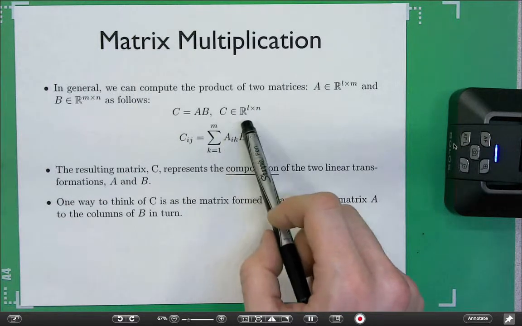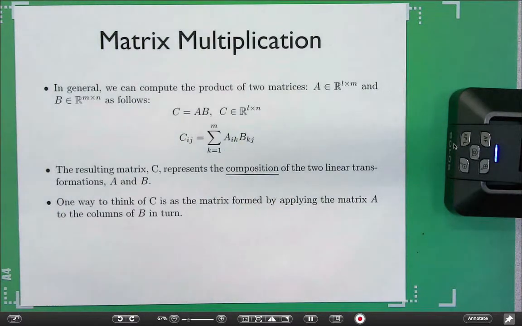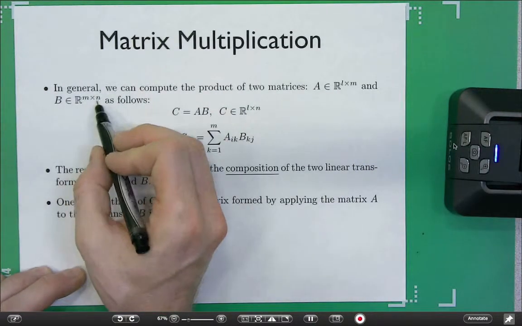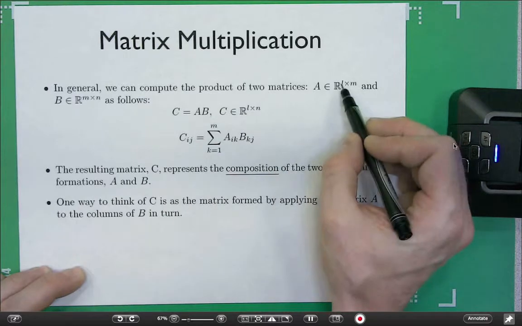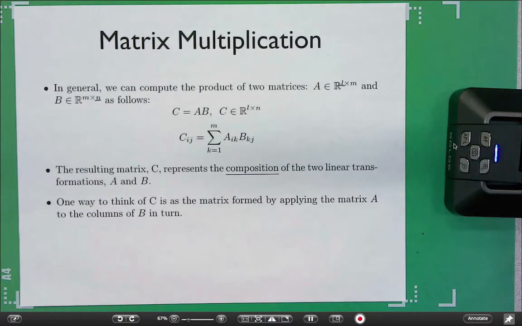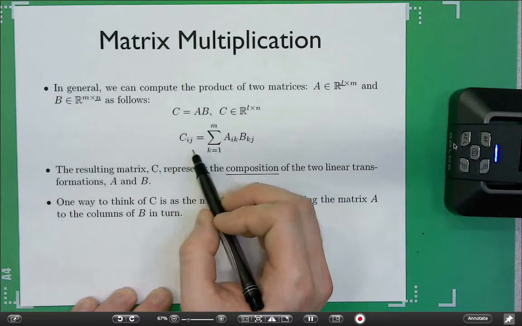It will be a matrix of dimension L times N. Notice this: A was L times M, B was M times N, and the product is L times N. I will again draw an image to give you a graphical representation of what it means. And here is how I compute the elements of the matrix.